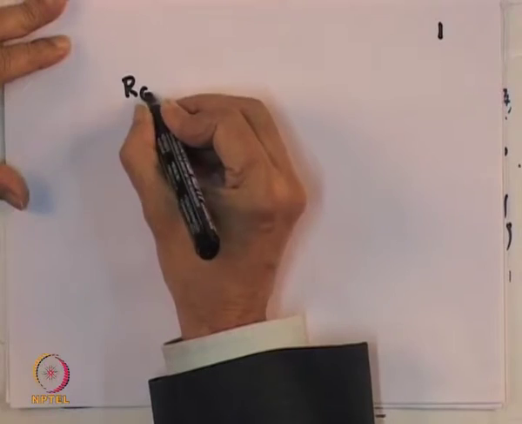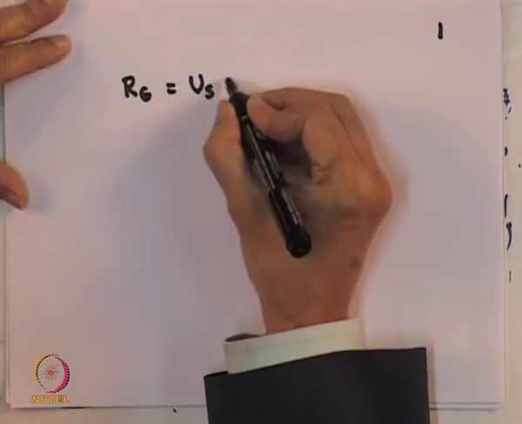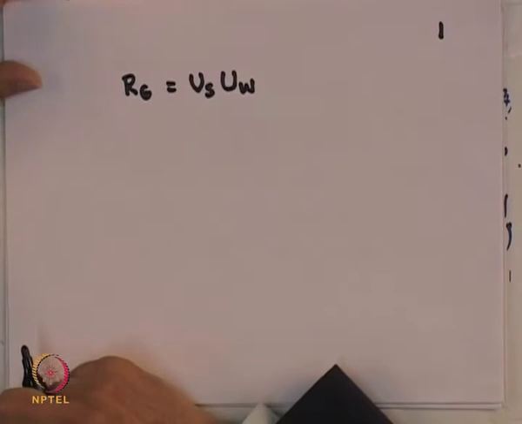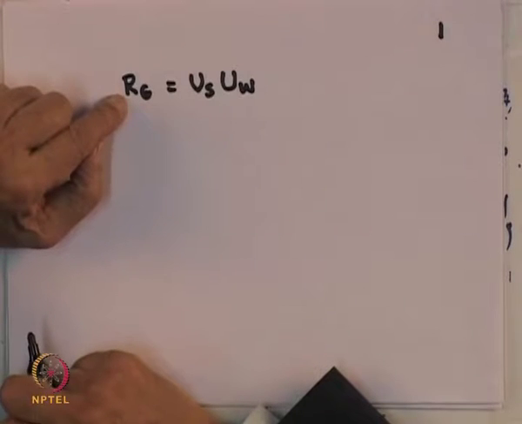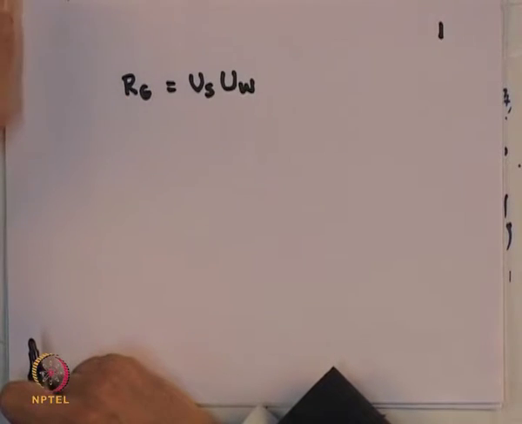Having done that, we define a Grover rotation operator by Rg equal to Us UW. So UW acts first and then Us acts, and we had last time seen that when this operator acts on an arbitrary state, it has the effect of rotating that state by an angle which is twice the initial angle that it makes with the marked state.